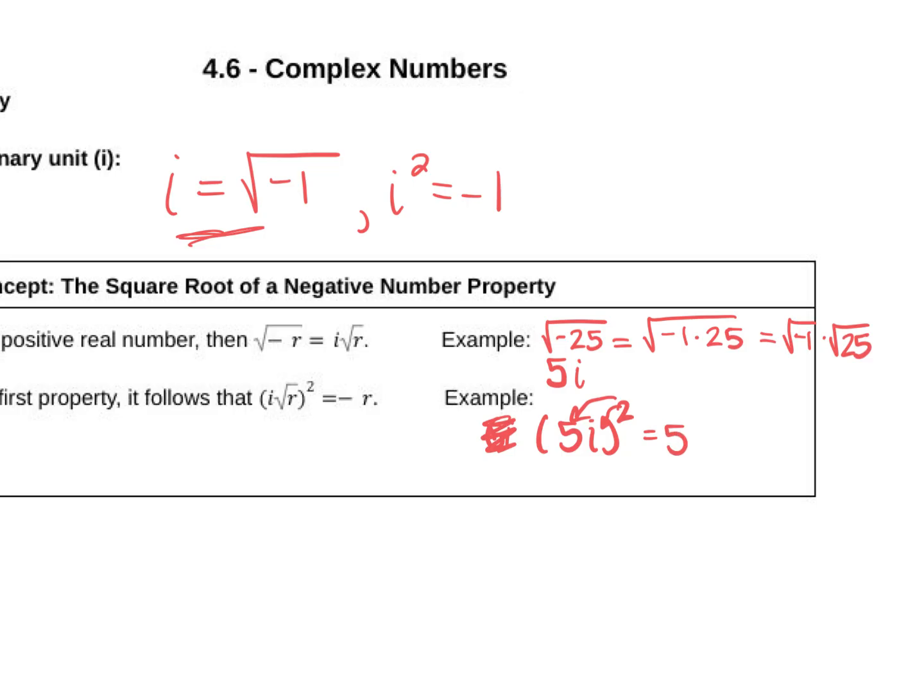So I'd have 5 squared times i squared. 5 squared is what? 25, right? 5 times 5. And then i squared is up here. i squared is the same as -1. So I would just replace that with a -1. So this turns into -25.